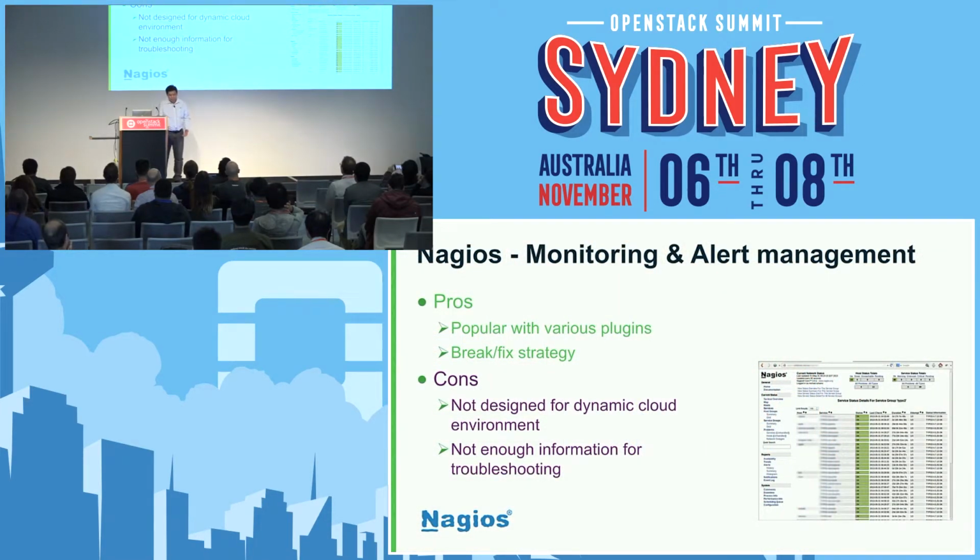So, Nagios. A very typical, leading open source tool to do alert management for you, to monitor any IT system. The benefits are that it is very popular, it has a lot of plugins for you to monitor the systems that you need, and it's easy to set up the break-fix strategy for you.